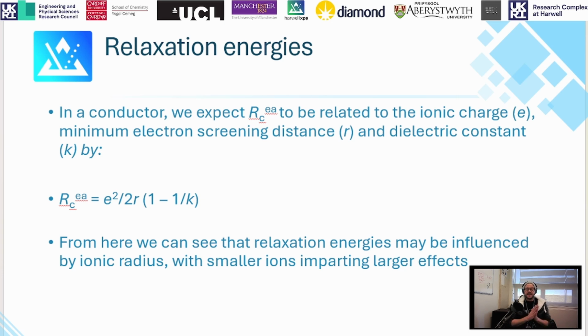What you can see here is that these relaxation energies are going to be influenced by characteristics of the atom, particularly ionic radius. So smaller ions are going to impart bigger relaxation effects and have bigger changes on the resultant energies involved.